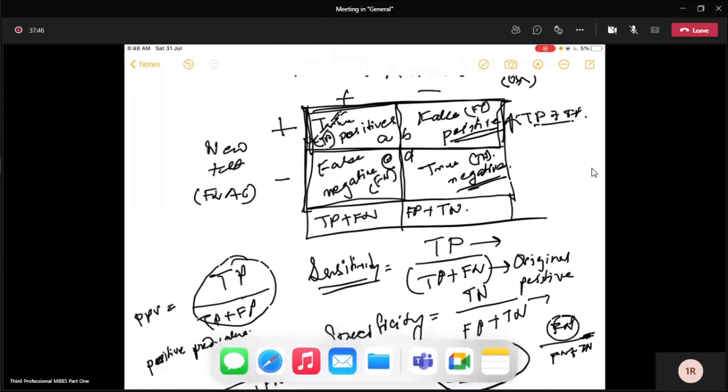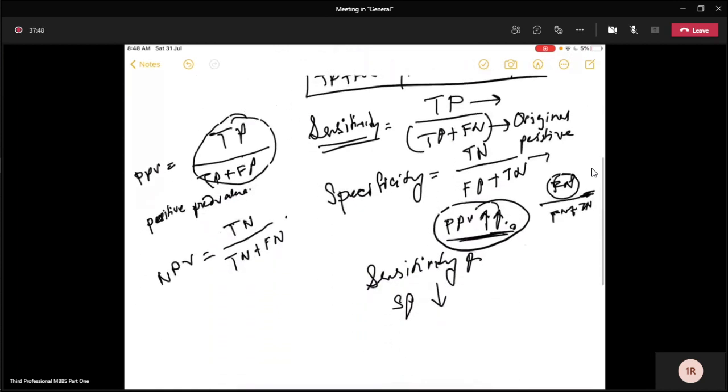On the contrary, a specific test is just the reverse. It will be able to capture all the true negatives of the community.